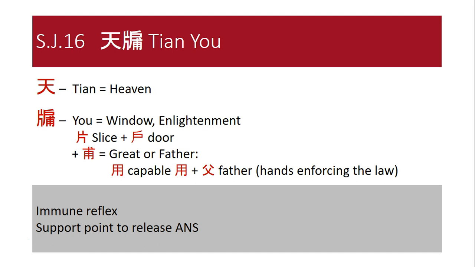Pressure pain on Sanjiao 16 indicates lymph, immune congestion, and is treated with the immune point between the Sanjiao and the large intestine channels just below the elbow. The opposite is true also, and tennis elbow pain can be treated with Sanjiao 16 as a supporting point.